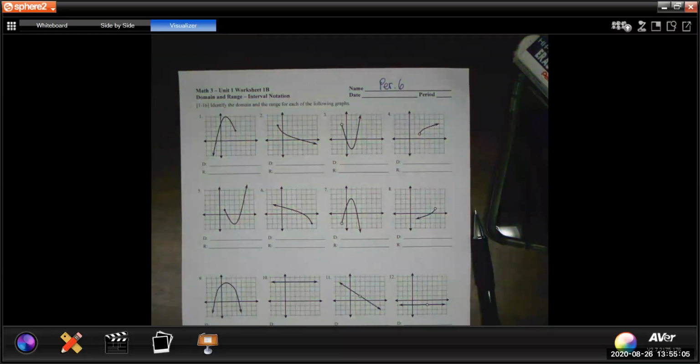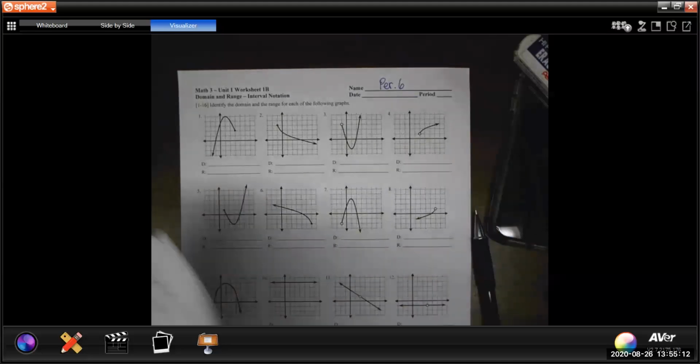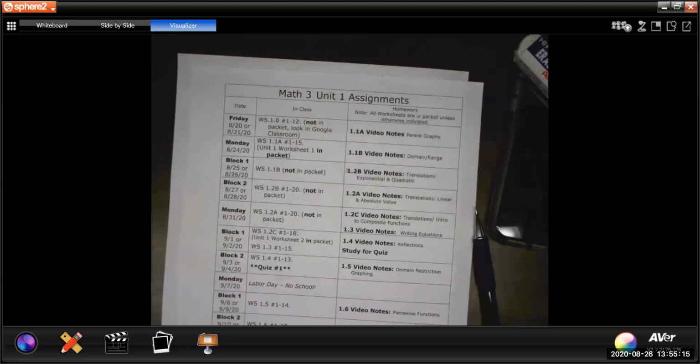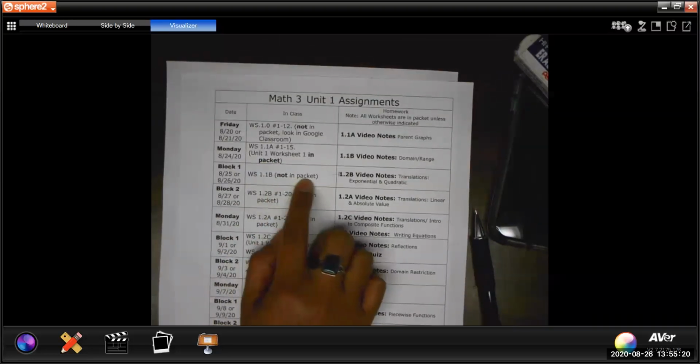Now, on the assignment sheet, I have right here, the worksheet we're working on is not in your packet. If it's not in your packet, it's in Google Classroom. So find it in Google Classroom. And if you want, or your parents are okay with it, if you have a printer, if you have ink, print it out. If you don't want to waste your ink, or you don't have a printer, or it's broken, you're just going to do it on a separate piece of paper.